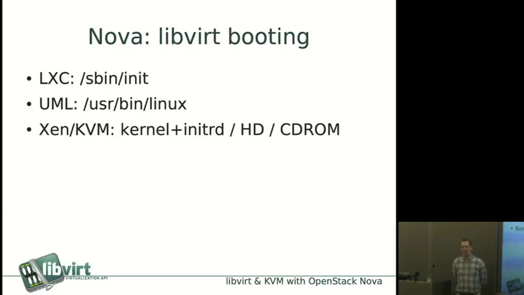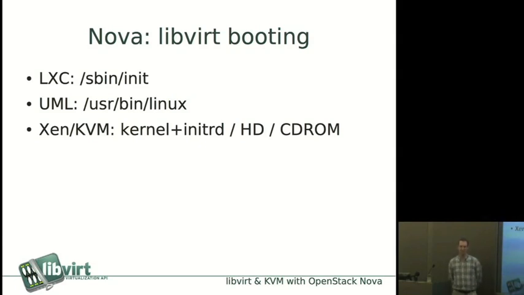Depending on what hypervisor you choose to use, the virtual machines will be booted in a different way. If you're using user mode Linux, it just boots /usr/bin/linux and gives you the disk that you configured for your instance. If you're using LXC, then it will take the image that you provided, and it will mount it loopback as the root file system, then it will just run the /sbin/init program that's in that file system image.